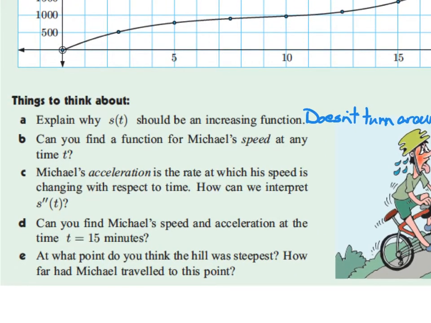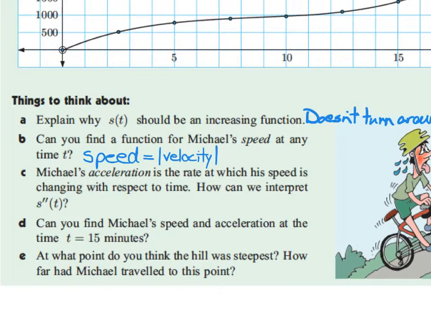Can you find a function for speed? Here's an important thing to note right now. Get this into your head: speed is the absolute value of velocity. Velocity is a vector quantity. It tells us a magnitude, which is speed, but it also indicates direction based on whether it's positive or negative.